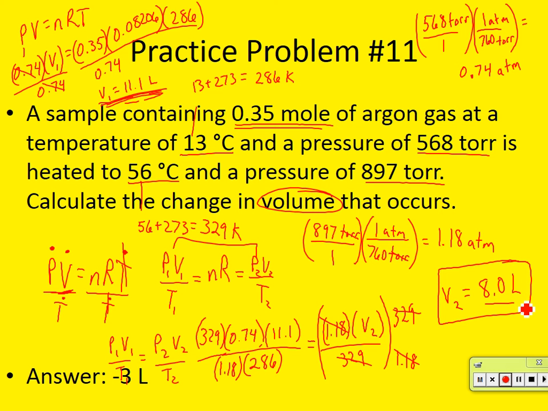So if we were at 11.1 and we ended up at 8 liters, we lost 3 liters, right? So the change, if we really answer this question, is a minus 3 liters. We did the problem right, we just didn't read it carefully at the end. Okay, good job. That's a good problem, isn't it? If you can do that one, you can do any of these, so good job.